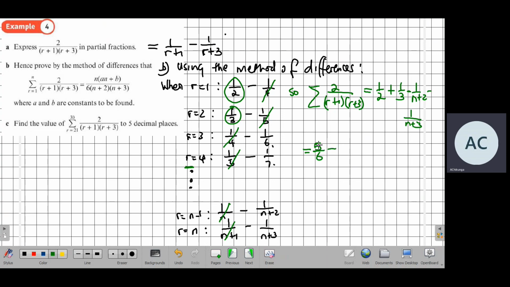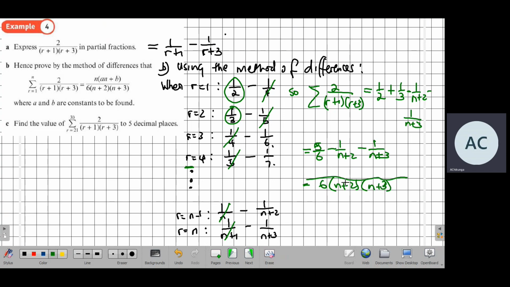This translates to 5 over 6 minus 1 over n plus 2 minus 1 over n plus 3. You can simplify this by looking for the common denominator, which is 6(n plus 2)(n plus 3).